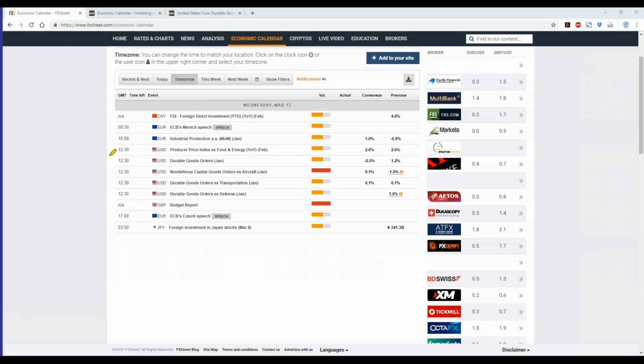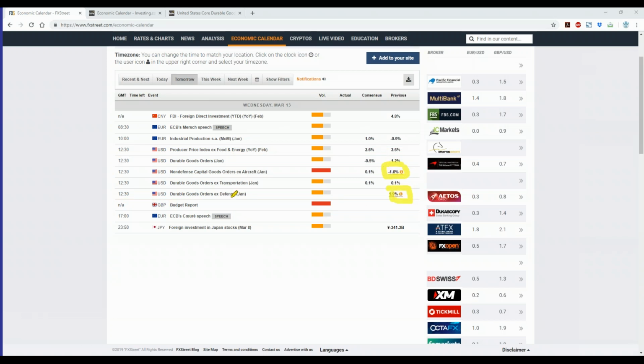Now, because these reports are released so often and so quickly after the month is over, and they're huge statistical reports, sometimes the reports have to be adjusted. And this happens through what we call a revision. And these revisions are sometimes released prior to the report or will be released at the time of the report.